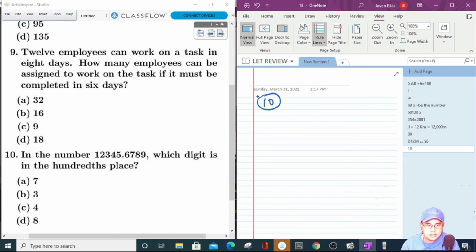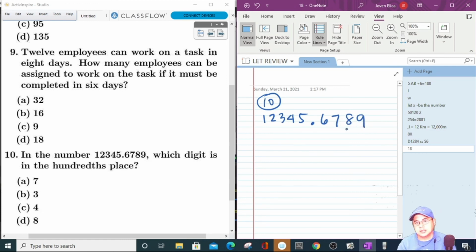This is very elementary, very simple, but most of the takers didn't get the right answer.